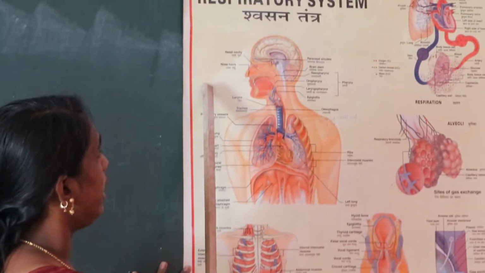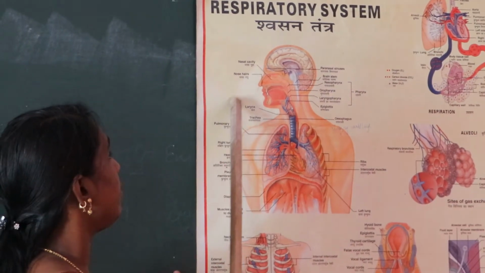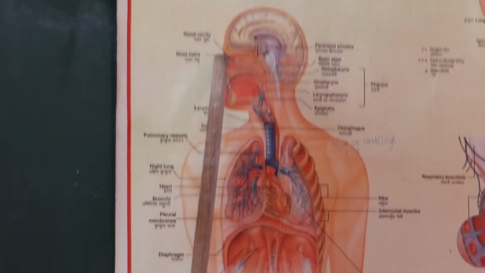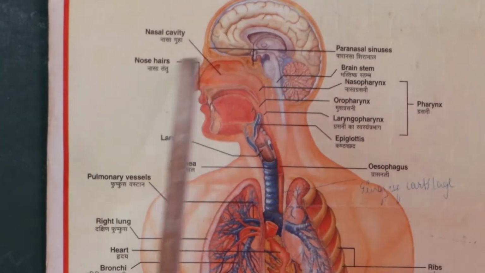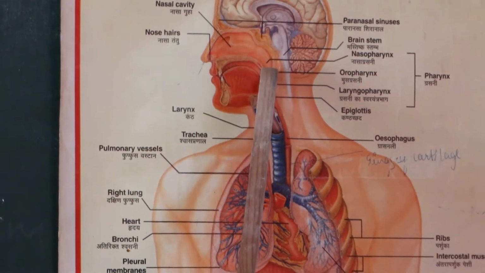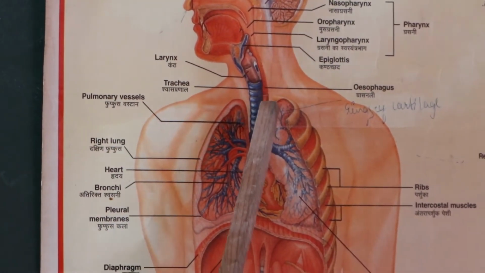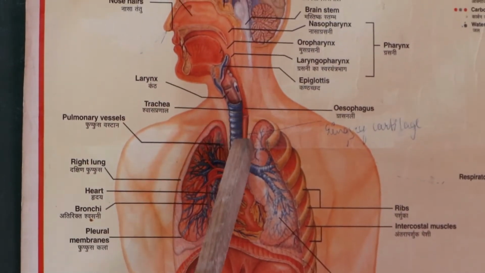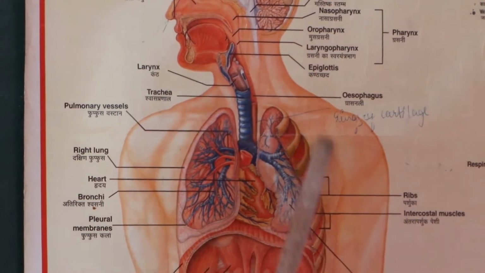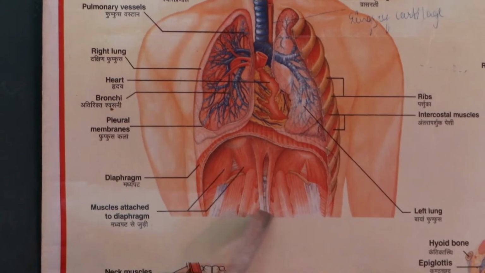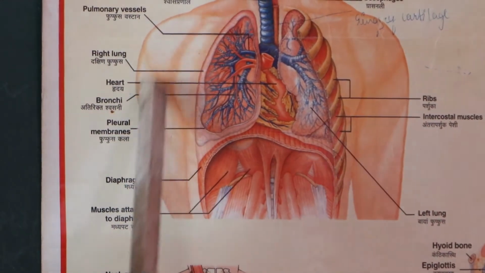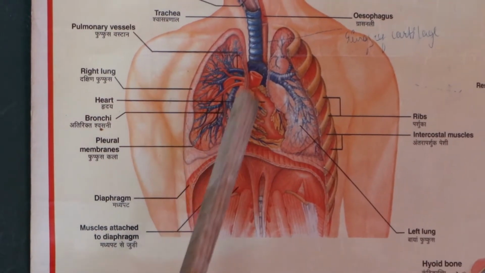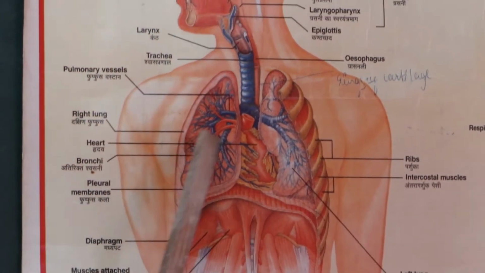See children, the air is taken in through the nostrils. The nostrils contain the nose hairs and mucus, which help to filter the dust particles. The air passes through the trachea, not the esophagus. It has rings of cartilage, and then the air comes to the lungs. In the lungs there is an exchange of gases. It takes in the oxygen, and the main thing is hemoglobin.